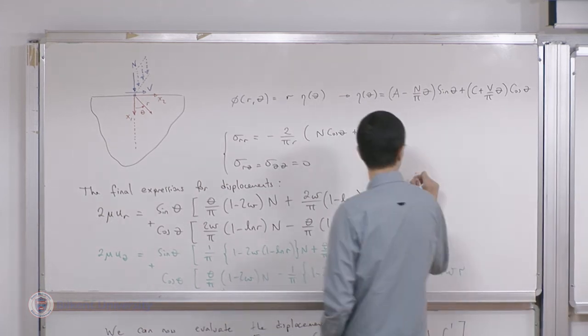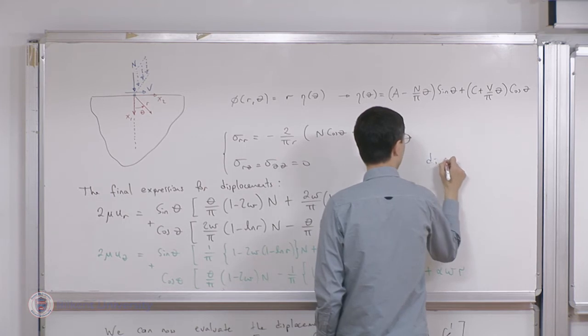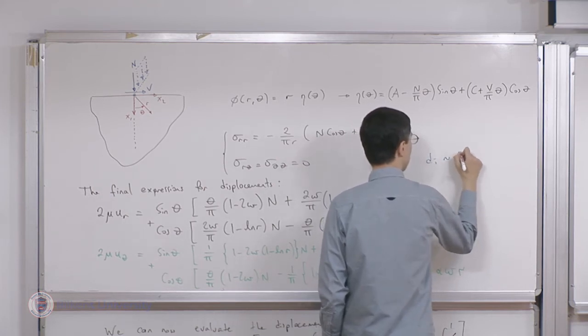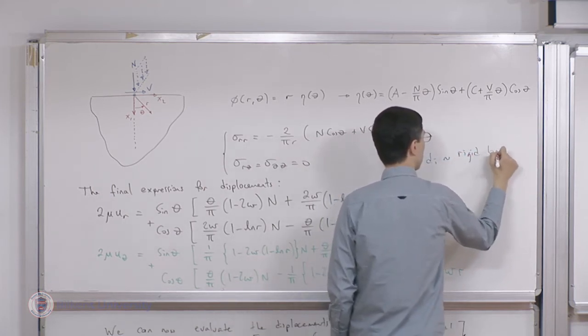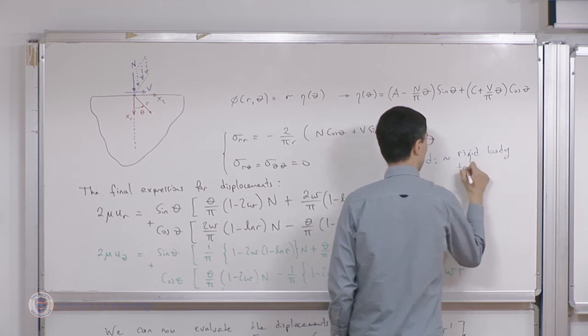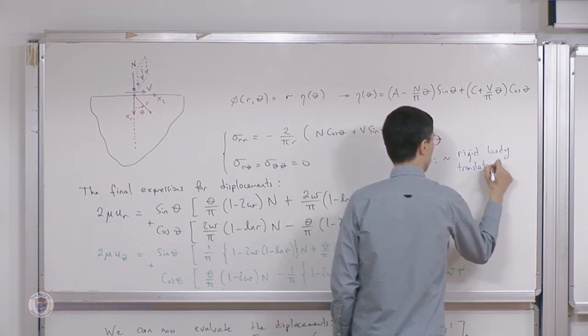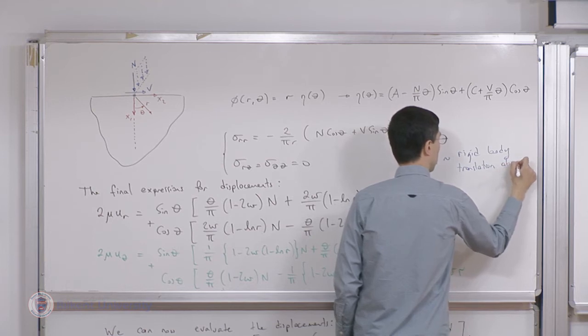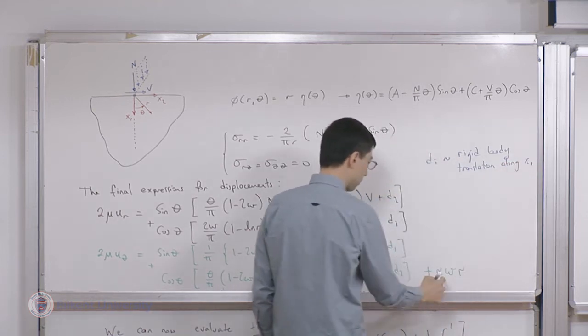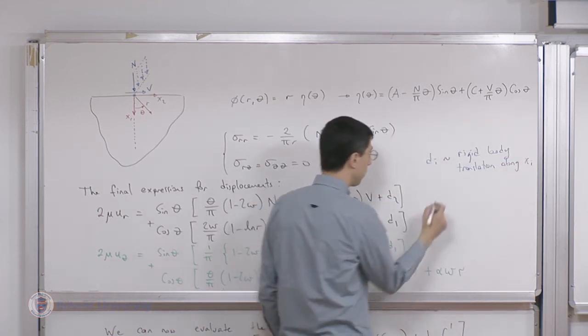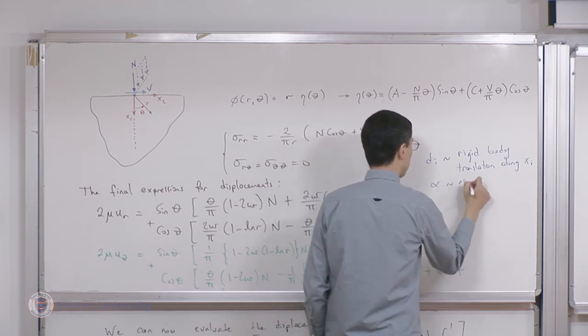So in particular, here, di is associated with rigid body translation along xi, and the constant alpha has to do with rigid body rotation.